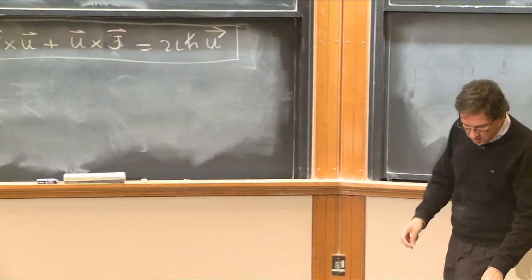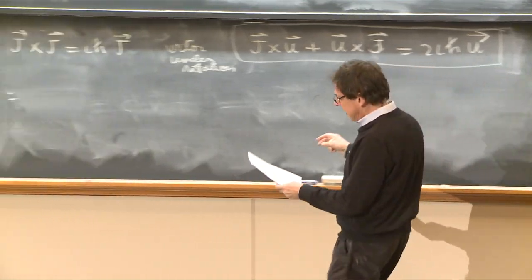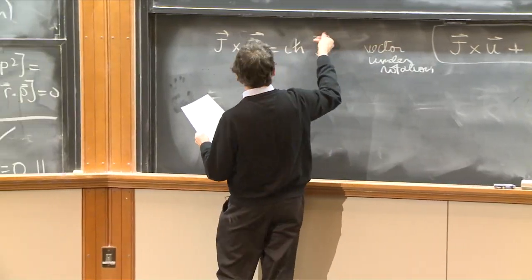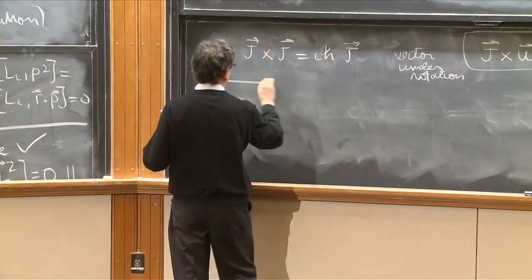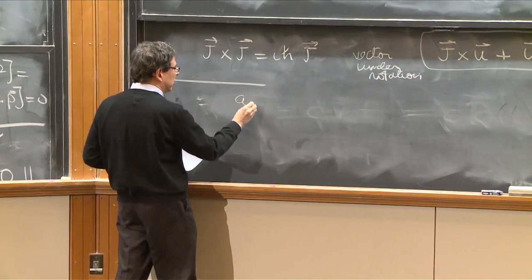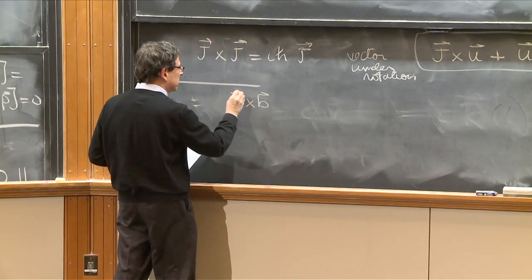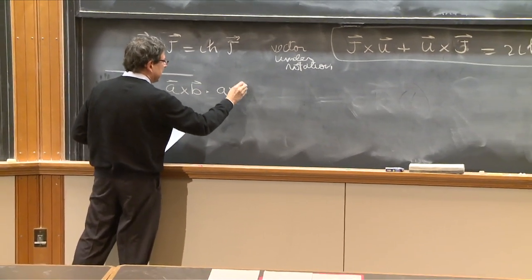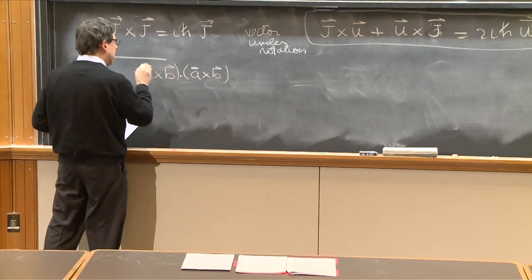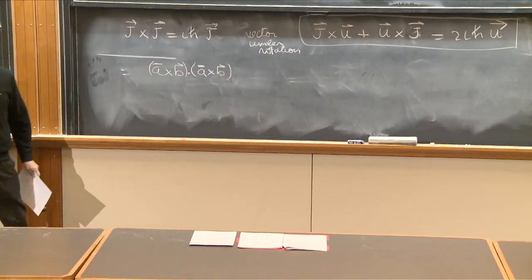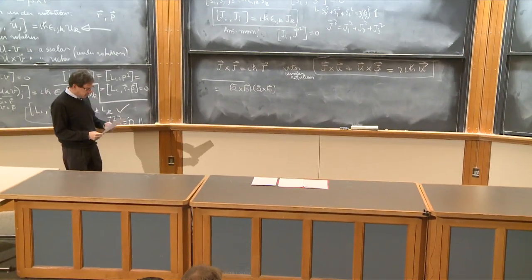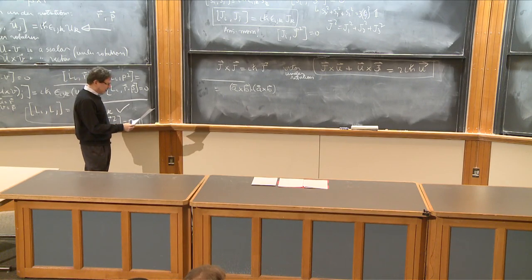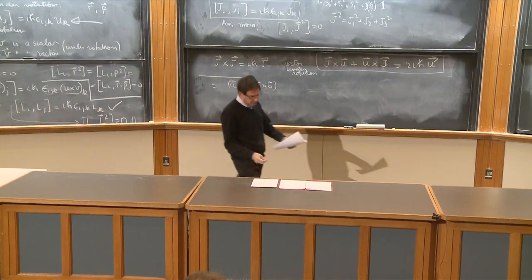OK, so we move on to another identity that you've been working on, based on the calculation of what is A cross B dot A cross B. If these things are operators, there's corrections to the classical formula for the answer of this.